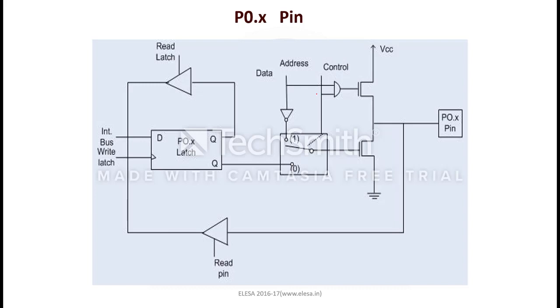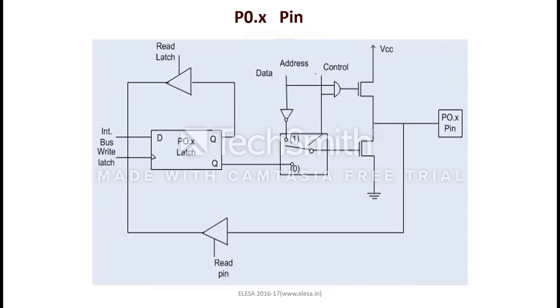To make it an input pin, we have to set it by writing 1 to the respective pin. A port pin as input means it receives data from different sensors like ADC, keyboard or any other input devices.